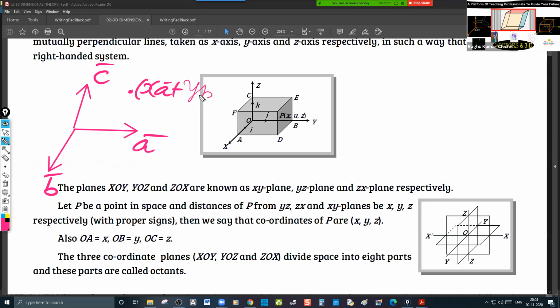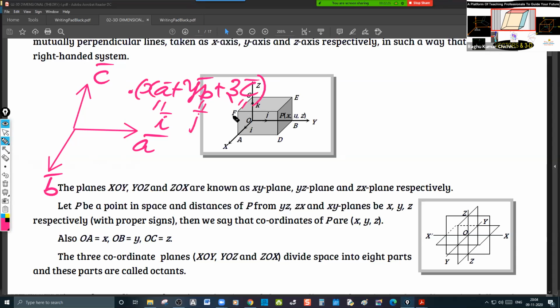That can be denoted as x a bar plus y b bar plus z c bar, where a bar, b bar, c bar are three non-coplanar vectors. But as a special case, we make them mutually perpendicular to each other to simplify the geometry.